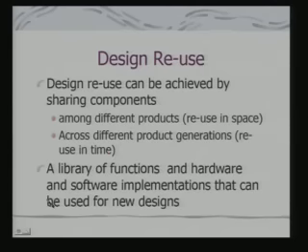So, effectively, what are these components? These components in a way are nothing but a library of functions, and hardware and software implementations of these functions, which can be used across different designs. Okay.